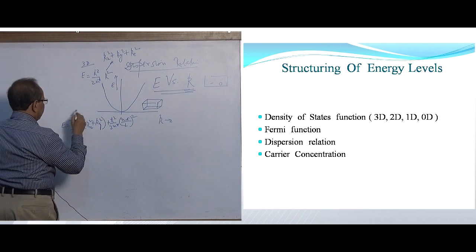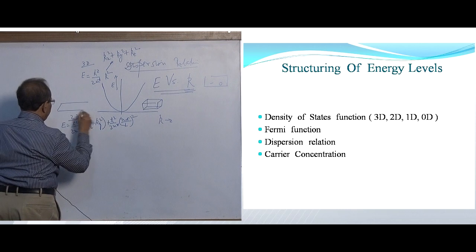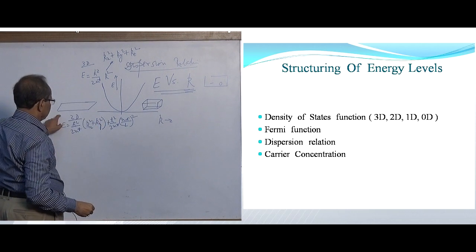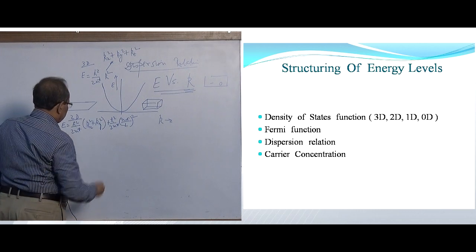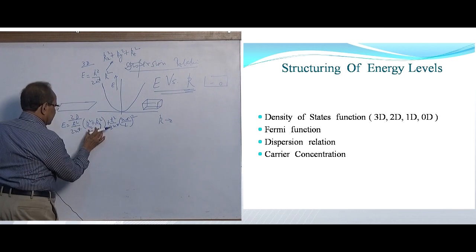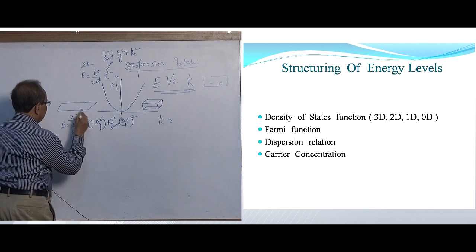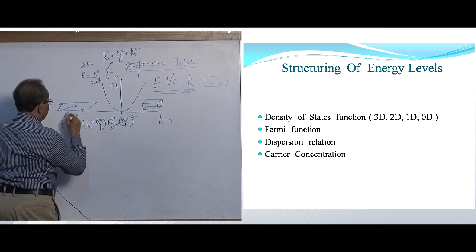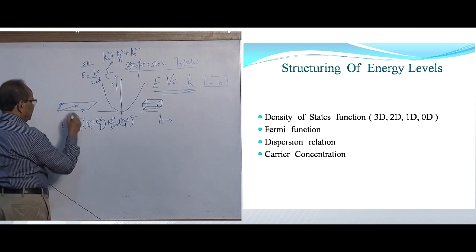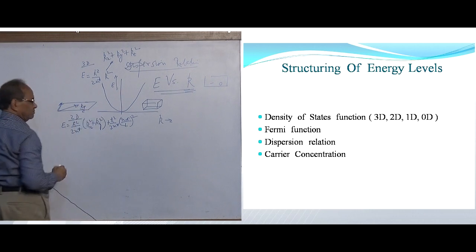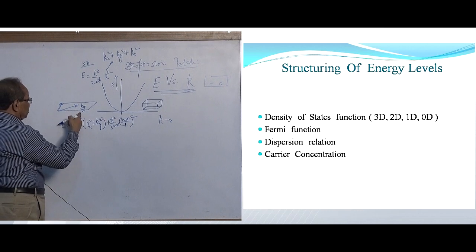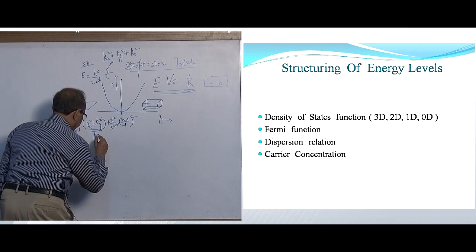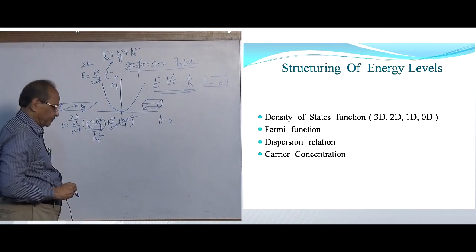Now if we take a plane material, only x and y, with the z direction restricted like this, suppose this is kx and this is ky, the motion direction, it is your kt, then kt square equals kx square plus ky square. I am just calling this kt square, the transverse wave vector.